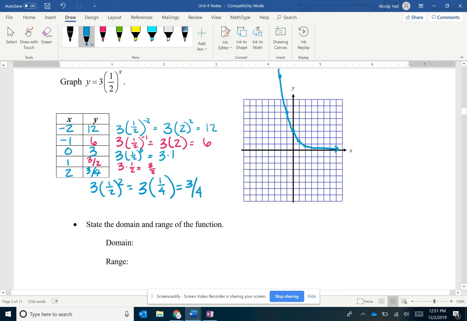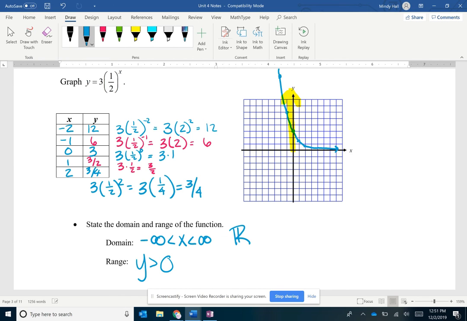So then looking at this graph, my domain is the same as it's been the entire time. It's still all real numbers. So whether you choose to write it as an inequality like I am, or you just write all real numbers, that's fine. And then your range, because you're going from your lowest point to your highest point on the y-axis, again, we can't touch 0, so y has to be greater than 0.